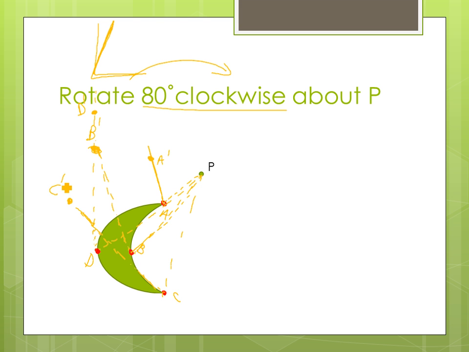We want to connect A, B, and C. That's a terrible drawing. And then we want to connect C, D, and A. So our shape would end up being somewhere about like that.